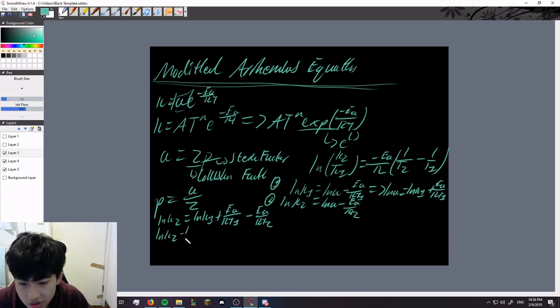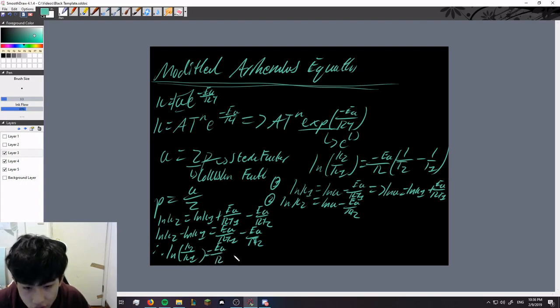ln K2 minus ln K1 equals EA over RT1 minus EA over RT2. Therefore, ln brackets K2 over K1, using log rules, equals, now let's isolate EA over R, negative EA over R, sorry, as we are so familiar with this expression, brackets 1 over T2 minus 1 over T1.